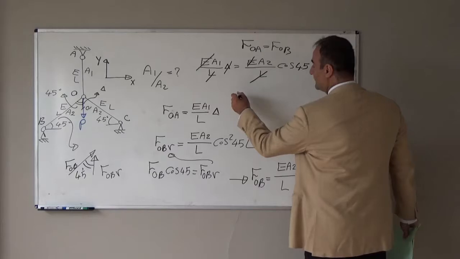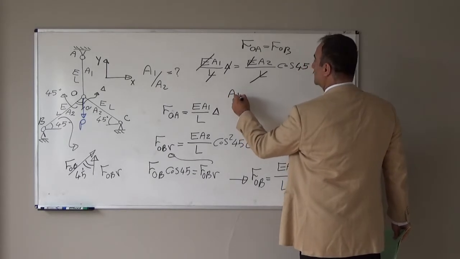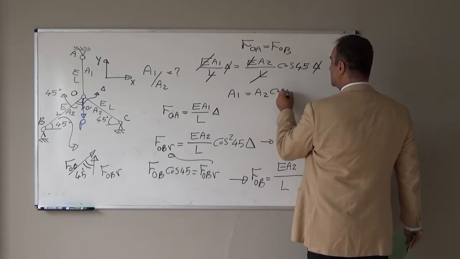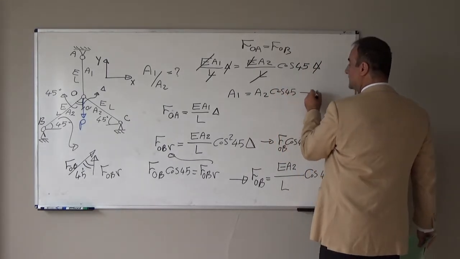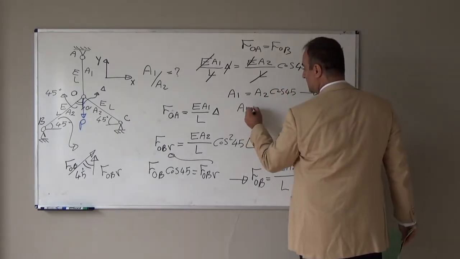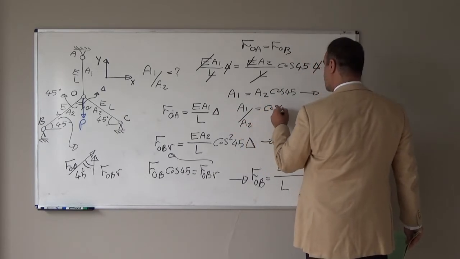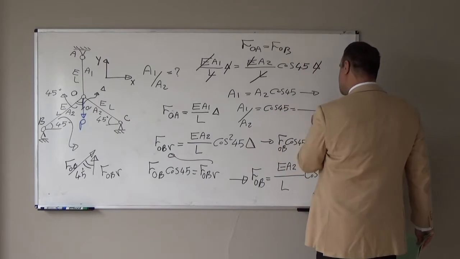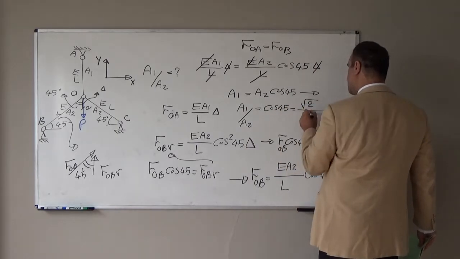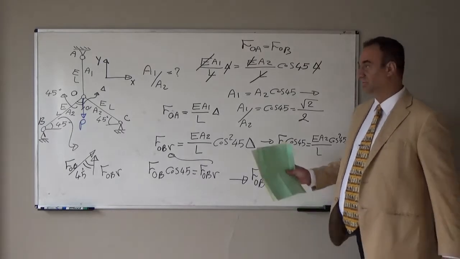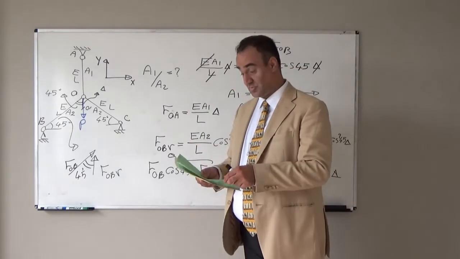What we will have is A1 equals A2 cosine 45. From here, A1 over A2 will be equal to cosine 45, which is equal to the square root of 2 divided by 2. So we find a ratio.